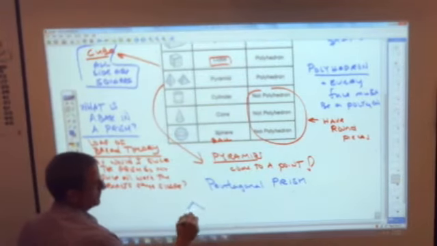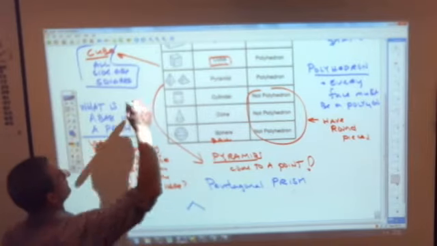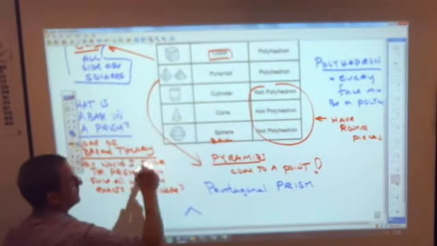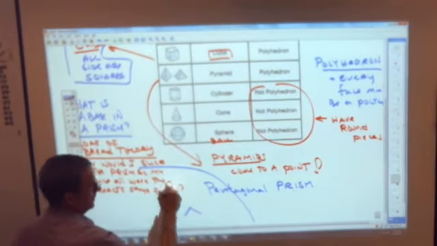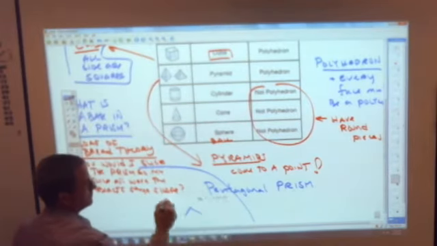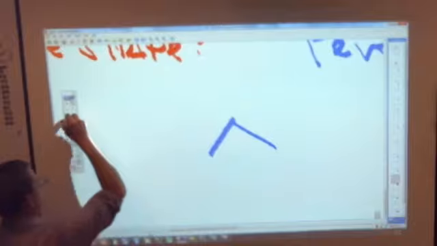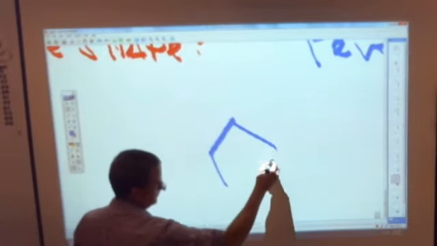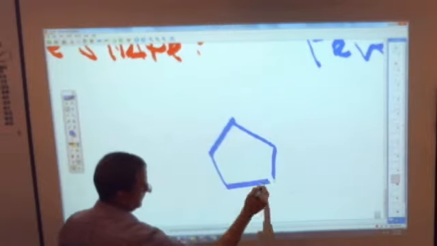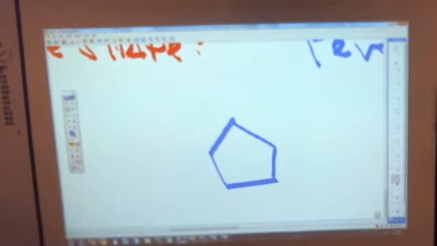Here is my, maybe I should blow this up. Start with my pentagon. It's a nice five-sided shape, is it not? Got my pentagon there.